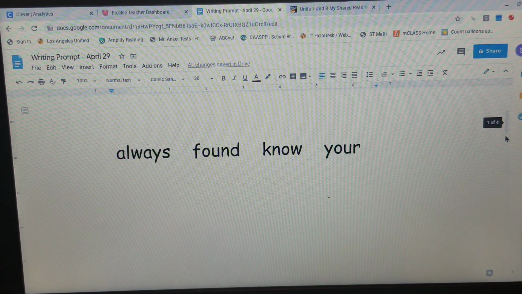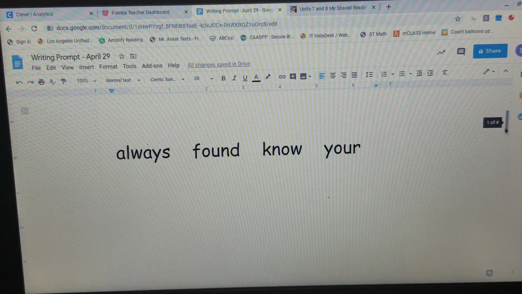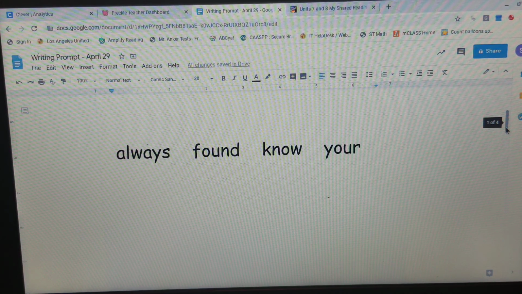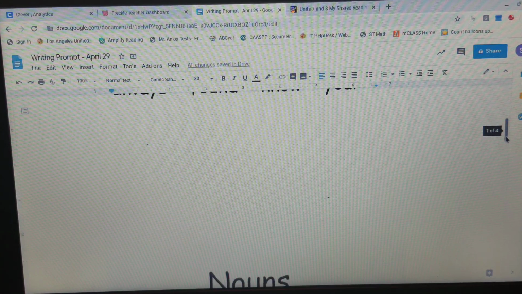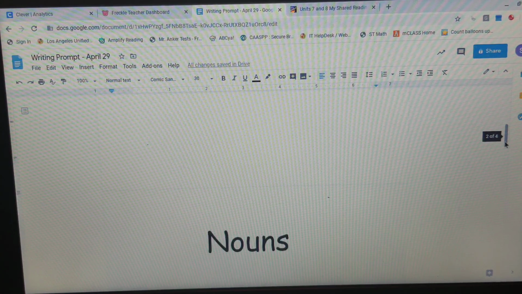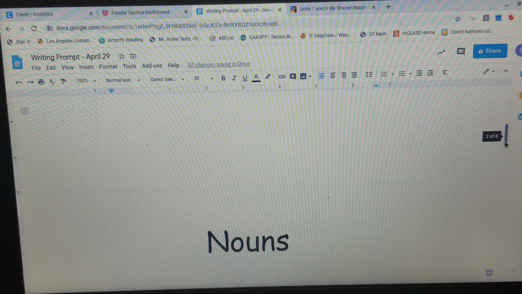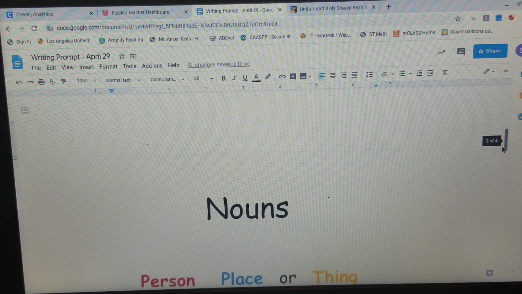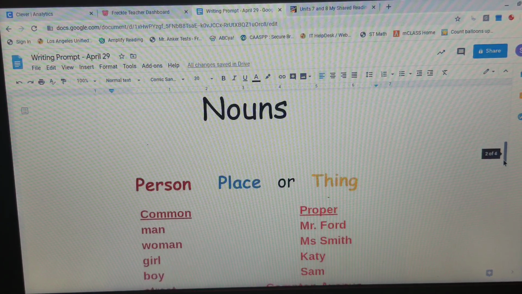Okay, now before we go to our story today, I want to review what we talked about in our last lesson when we discussed nouns. Remember nouns. We said nouns name a person, a place, or a thing.